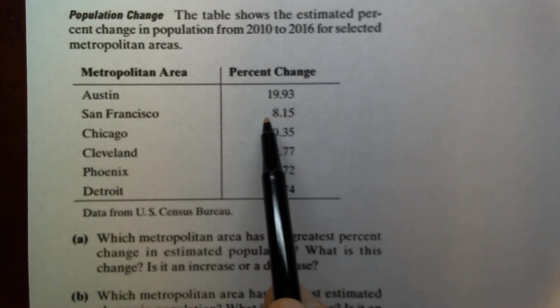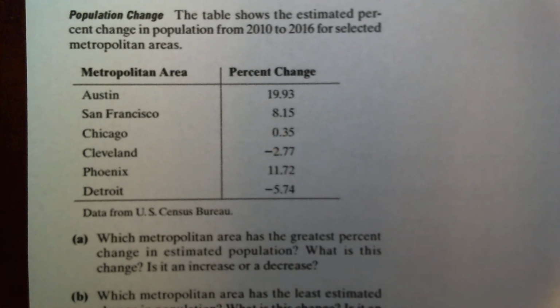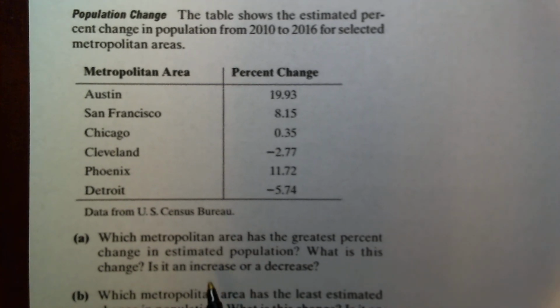And here's the percent change for each city. These data come from the US Census Bureau. And so the question is for a, which metropolitan area has the greatest percent change in estimated population? What is this change? Is it an increase or a decrease?